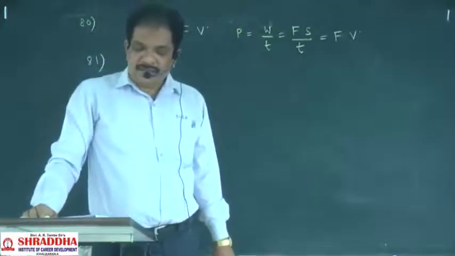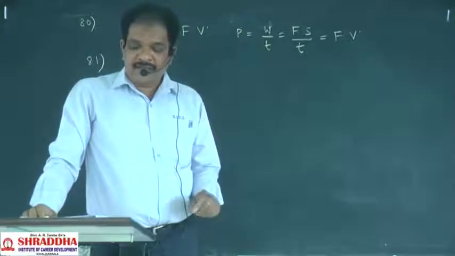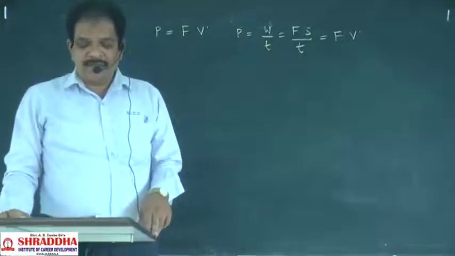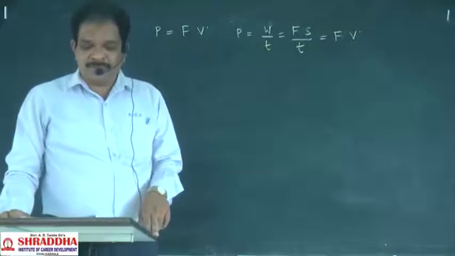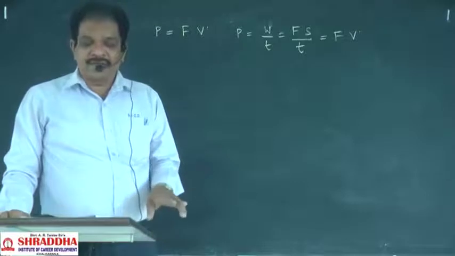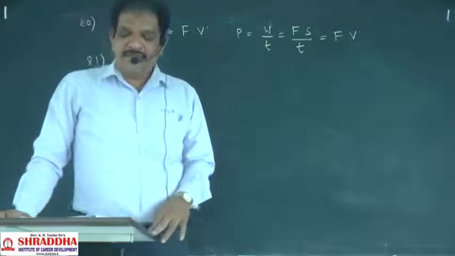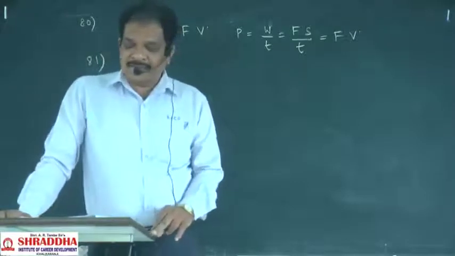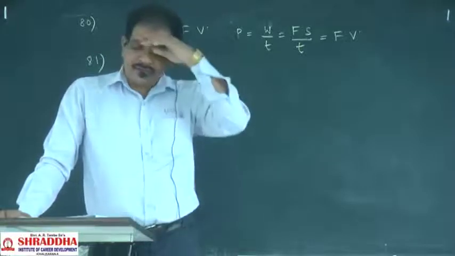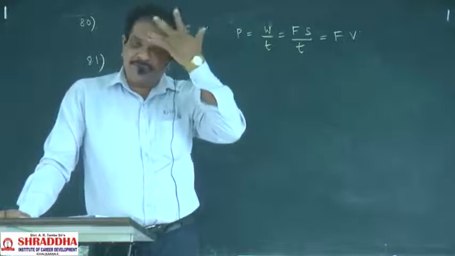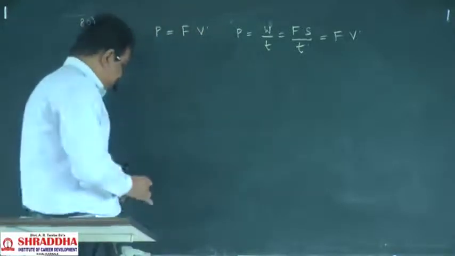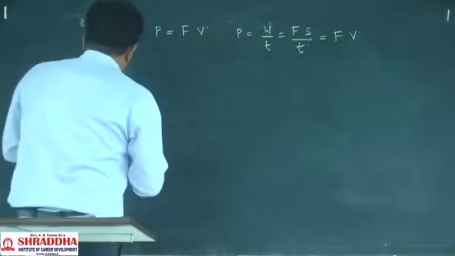Next, 81. Energy is equal to G power P, H power Q, C power R. G is the universal gravitational constant, H is Planck's constant, C is the velocity of light. Then the values of P, Q and R are respectively? So, do that problem.